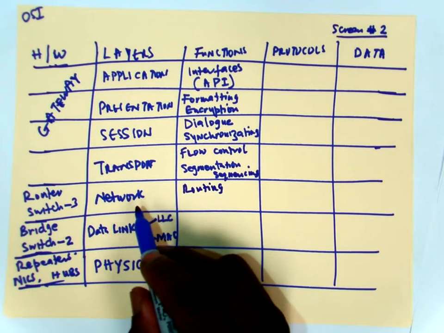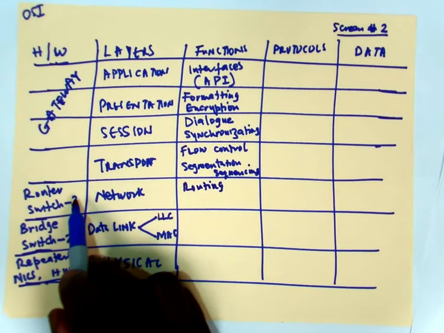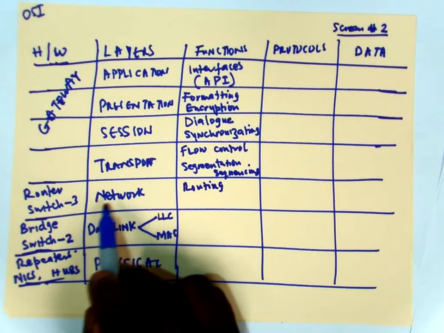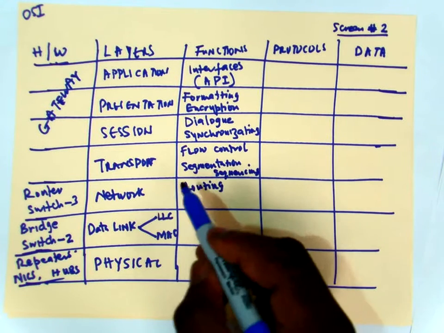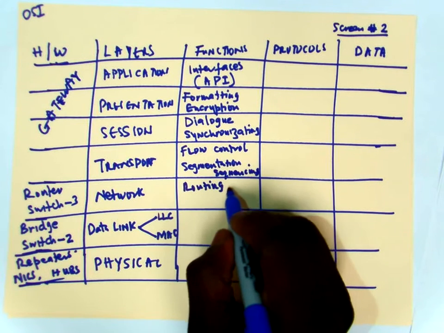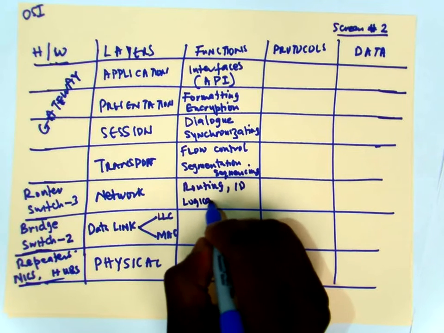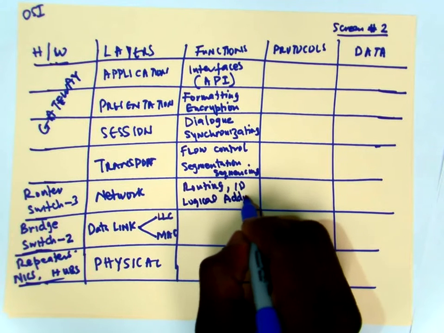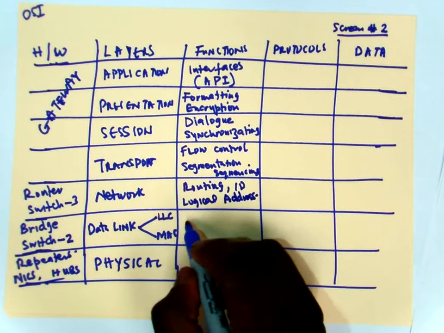Okay, this device, the higher you go in the OSI, the more intelligent these devices are. So router is extremely intelligent because it has access to the logical address, which is the IP, logical address, and it has access to the physical address.